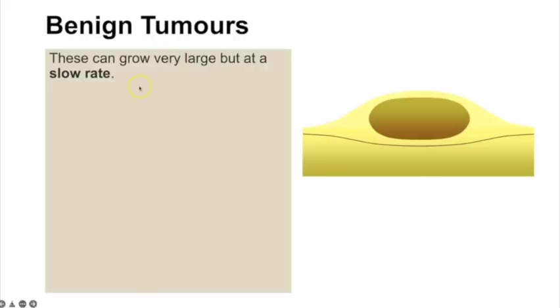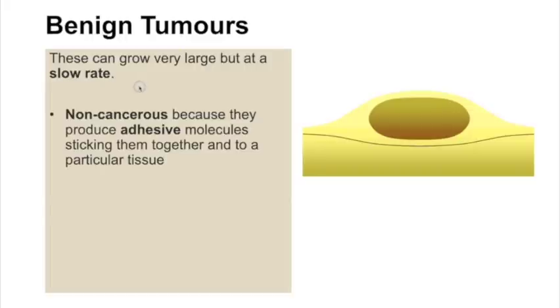So a benign tumour can grow very large still, but it will be dividing at a slower rate. So it will take longer for there to be a larger tumour. Benign is non-cancerous, and one of the reasons it's classed as non-cancerous is they produce this adhesive sticky molecule, and that will then surround it so it cannot move.